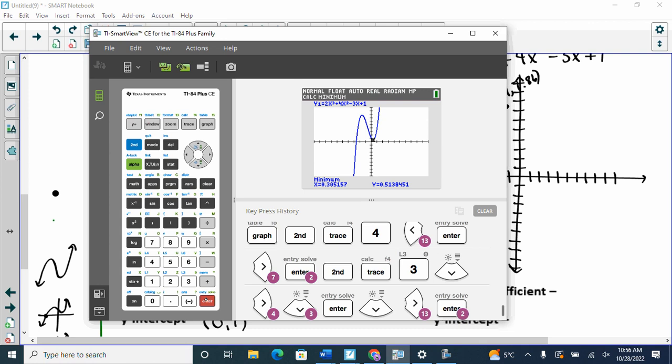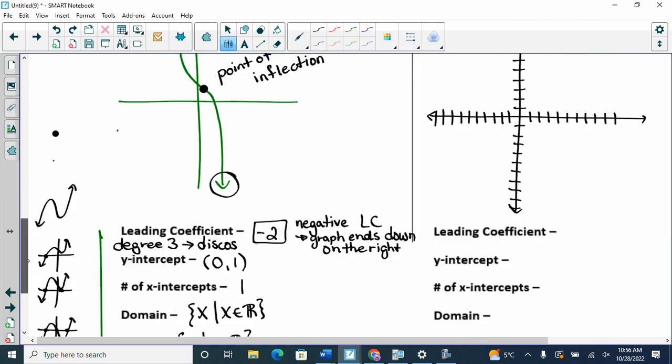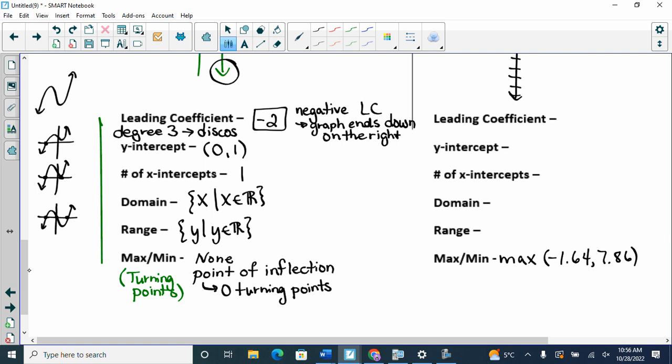So I'm going to round that to 2 decimal places too. So I'm going to go down here. And I'm going to write my minimum at 0.31, 0.51.